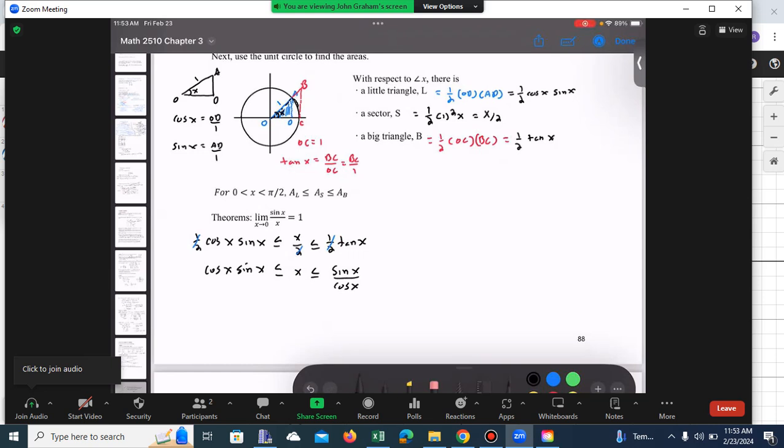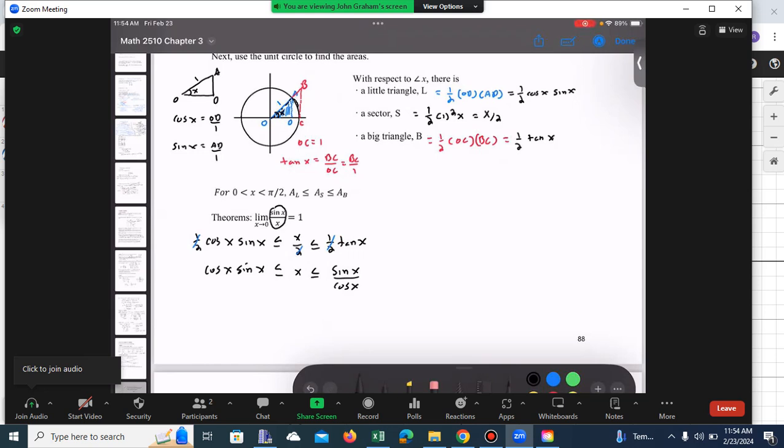Now, our goal is to get this sine x over x in the center. So we can take the limit as x goes to 0 of each of these. It's just going to be helpful. Want that in the middle.